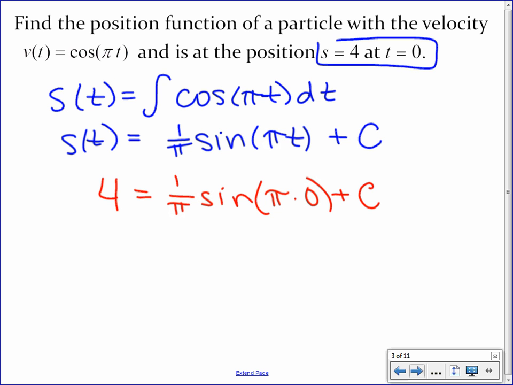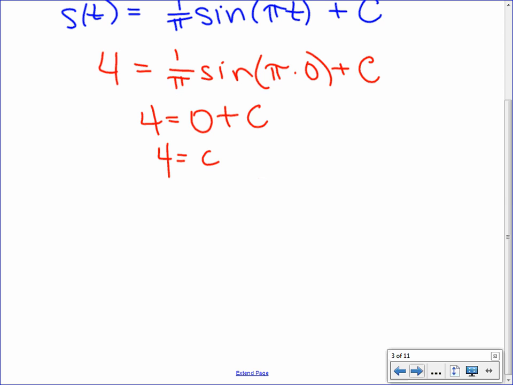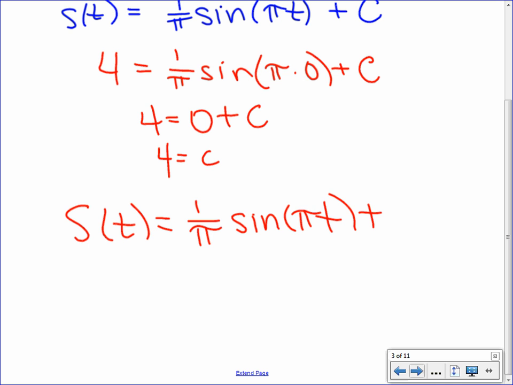What's the sine of 0? Oh my gosh, I can't ask that only 2 people mumble a 0. What's the sine of 0? Oh, you guys have known this. So c is 4. Therefore, our position function is this.